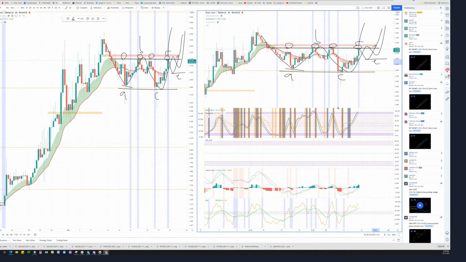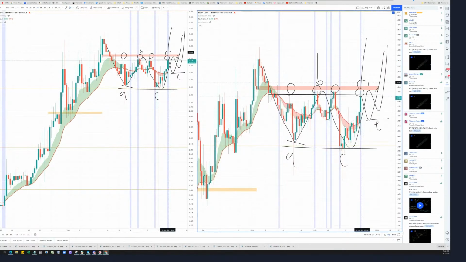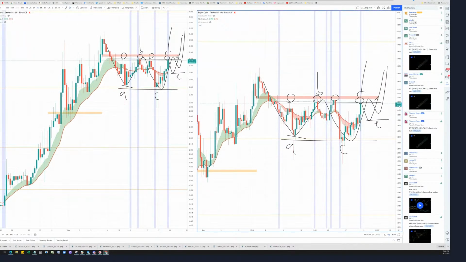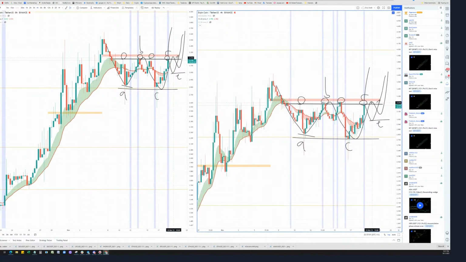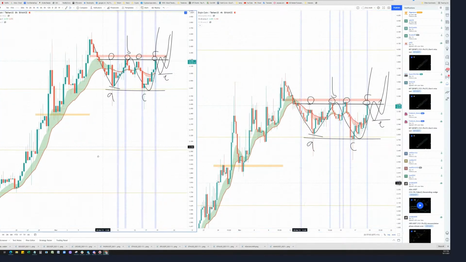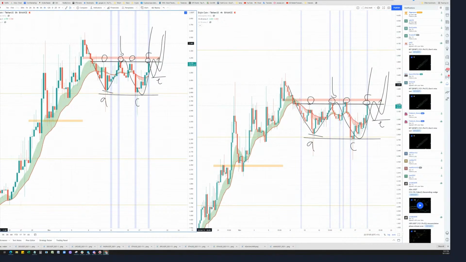So let's have a look. Short-term target will be the height on the breakout point. So if it was to break through it, I would definitely be comfortable taking profit.